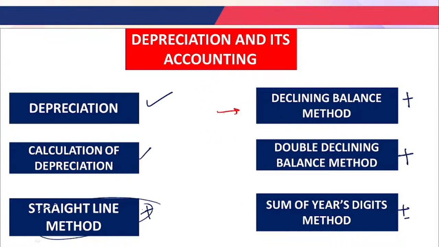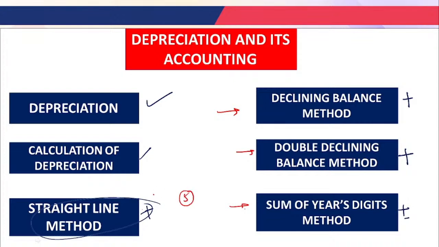Declining balance, double declining balance, sum of years digit method. In the straight line method, as its name implies, the same rate of depreciation and the same depreciation amount is applied on every useful life year of an asset. Suppose an asset has a life of 5 years.